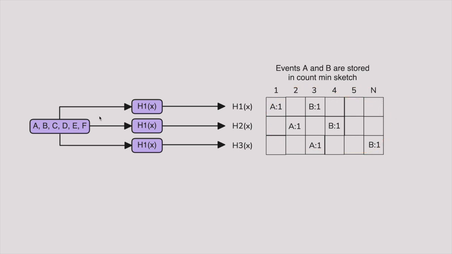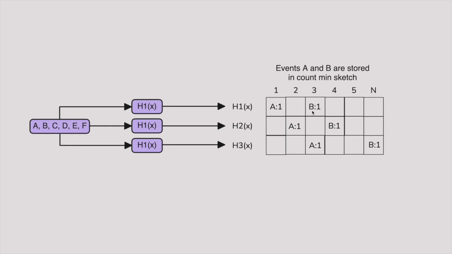For every single row, we have a separate hash function that is applied to our value. So as we receive an event A, for instance, we have three different hash functions applied to this event, and then the value is stored in one of the columns in this 2D array. So for every single event, we'll have three values stored into three different rows of this table.